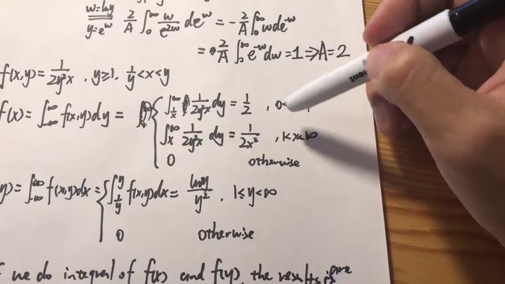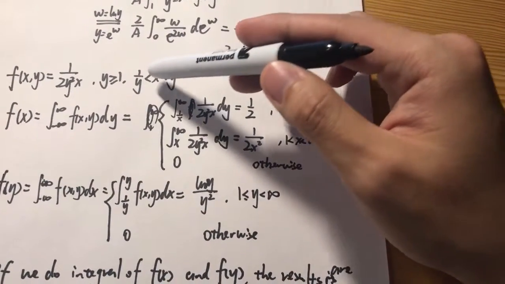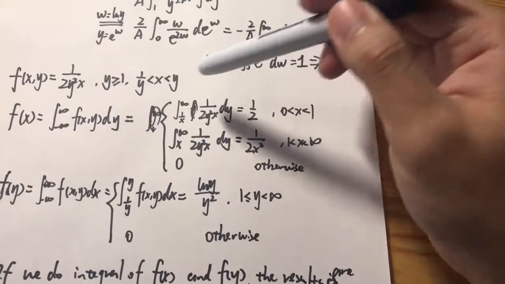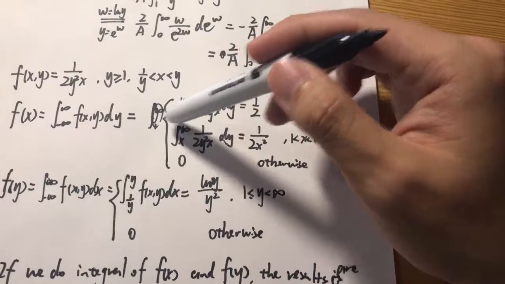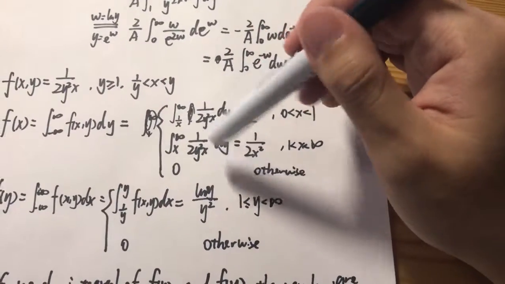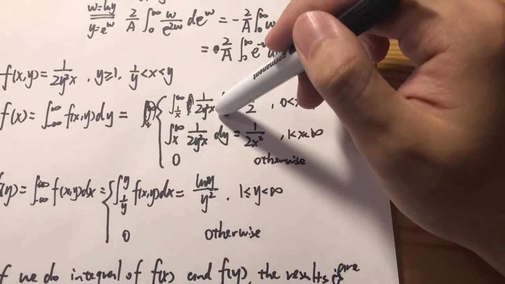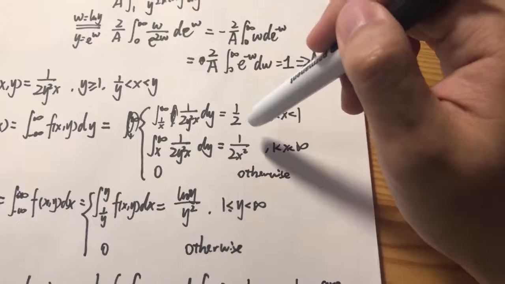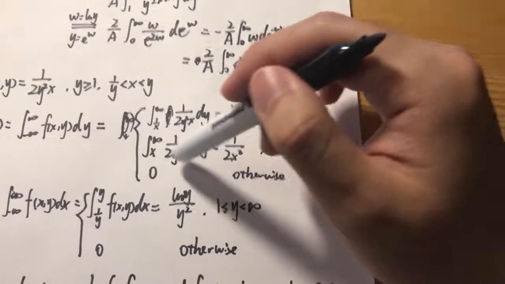Between 0 and 1, x must be more than 1 over y. So we have this integral here, and the final result is 0.5.